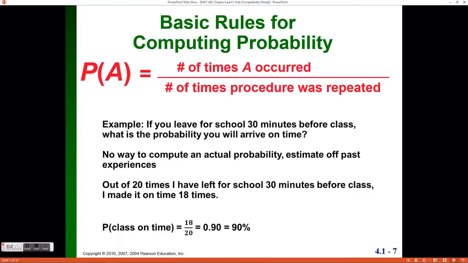So if I have a sample of 20 times that I left for school 30 minutes before class, and I successfully made it on time 18 out of those 20 times, well then I would estimate that the probability I'm going to make it to class on time this time would be 18 out of 20, or about 90%.